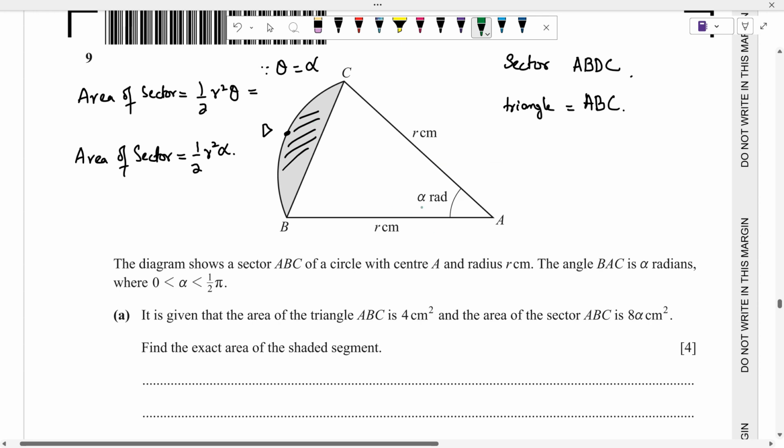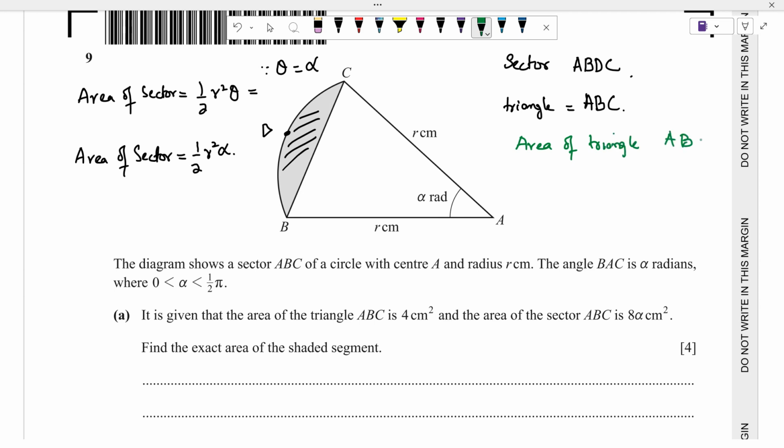Another piece of information we should know is the area of the triangle ABC, which is an isosceles triangle. The area is 1 over 2 a squared sine of theta, and in this case a is the radius and theta is alpha.